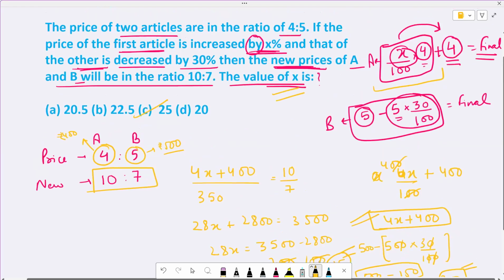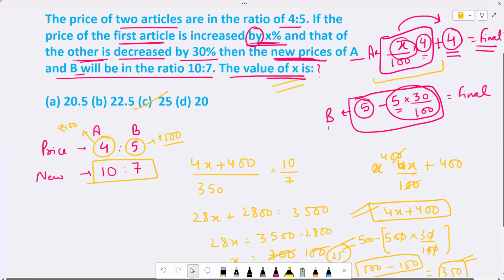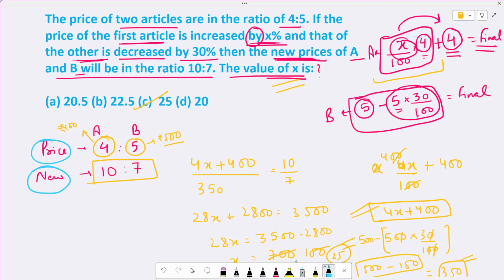This is the answer. In this type of question, this is one approach that we can take. Since the price is mentioned, the old price and the new price and the change in price, we cannot equate the ratio directly because the units will be different.